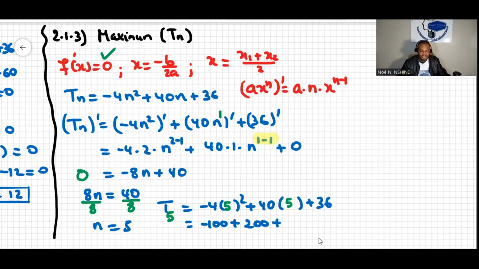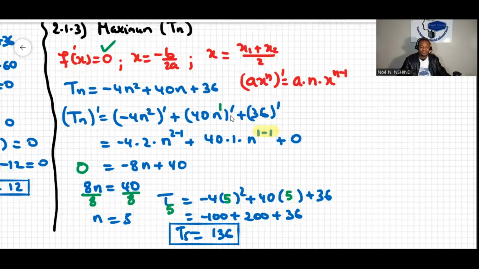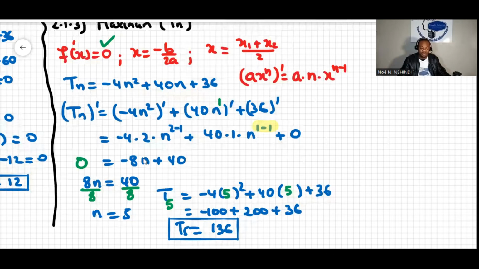And then plus 36. So negative 100 plus 200 is 100, and 100 plus 36 makes 136. So this is the maximum value. What we did was first differentiate the function, then set the derivative equal to 0 according to this formula, and then solve for n.